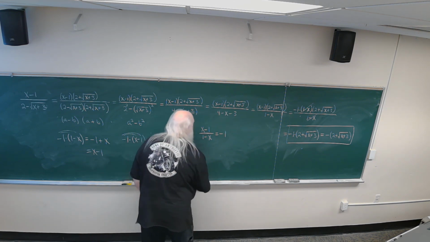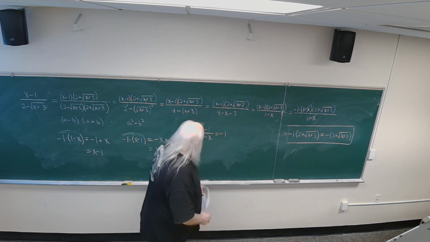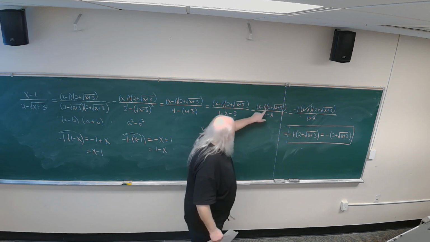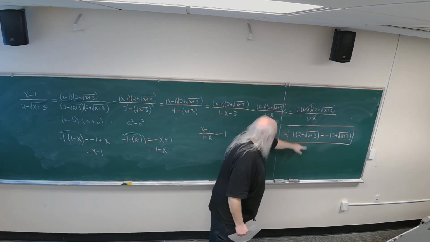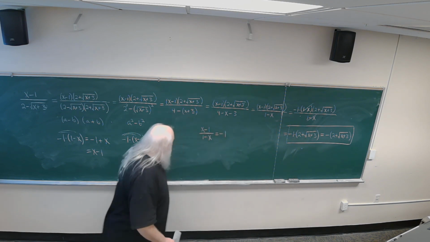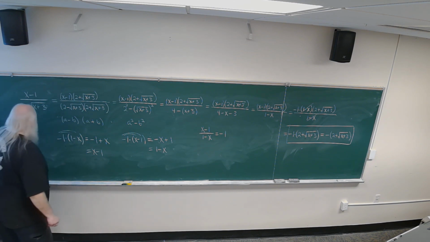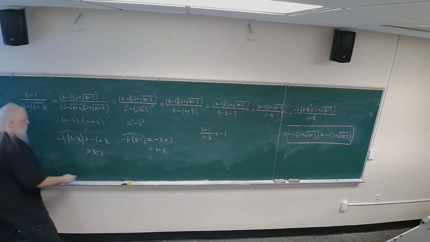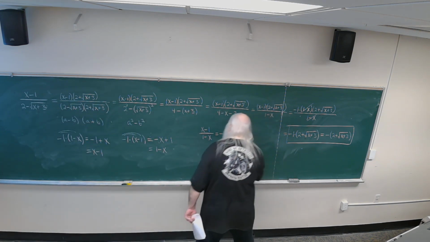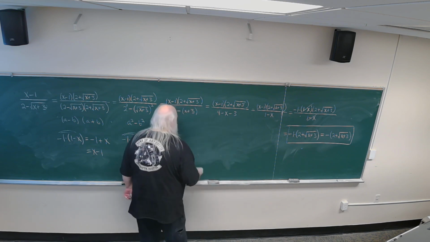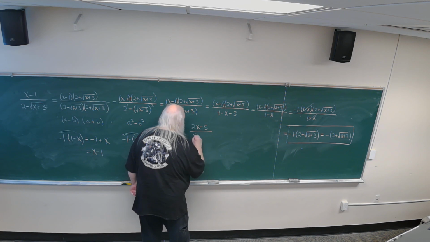That's what we have right here: x minus 1 over 1 minus x is just equal to negative 1. So you put negative 1 out front of the left parenthesis, and you have negative 1 times what's in parentheses here. It's also true if I have something like 2x minus 5 over 5 minus 2x.